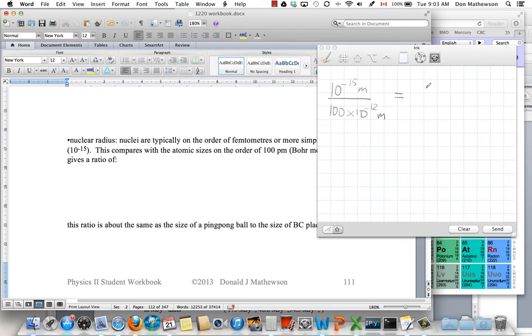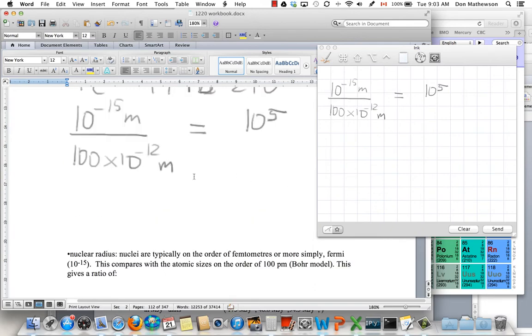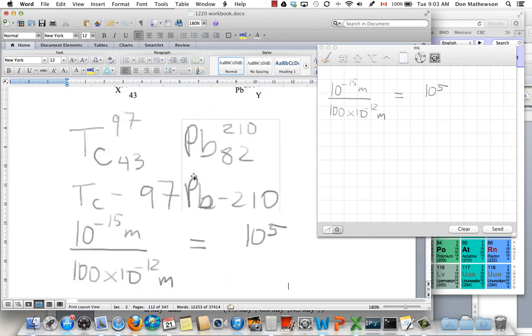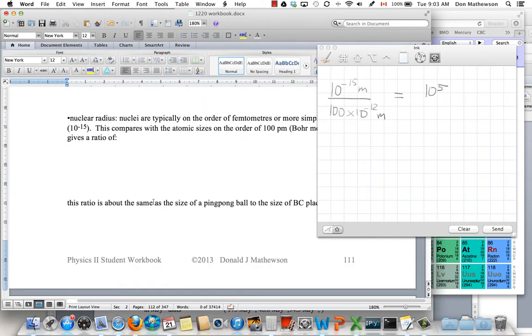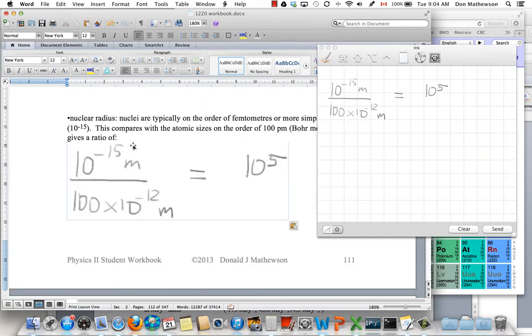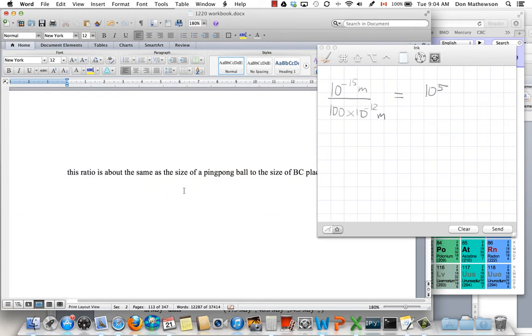So the ratio is about 1 part in 10 to the 5. So the atom is about 100,000 times bigger than the nucleus is, which, if you work it out, is probably the same order of size as a ping pong ball. A ping pong ball is probably about an inch, so that's on the order of about 2.5 centimeters.